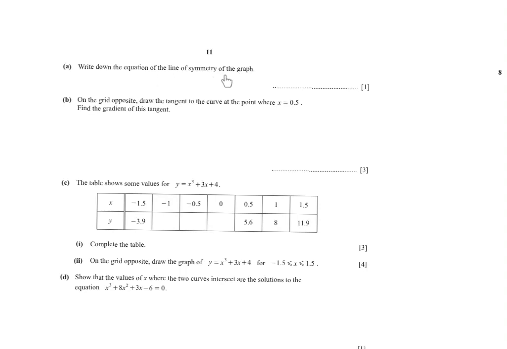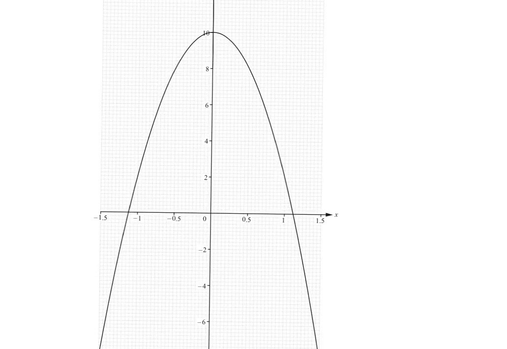A line of symmetry divides the graph into two halves, such that one coincides with the other. Where is the line of symmetry? Look at the curve. The y-axis is our symmetry line. The equation for the y-axis is x equals 0.